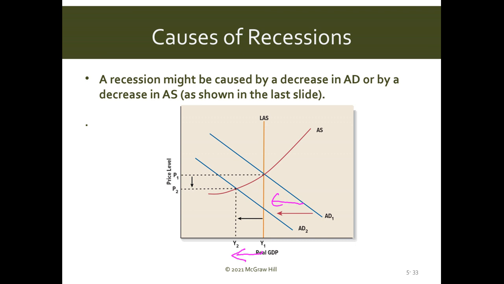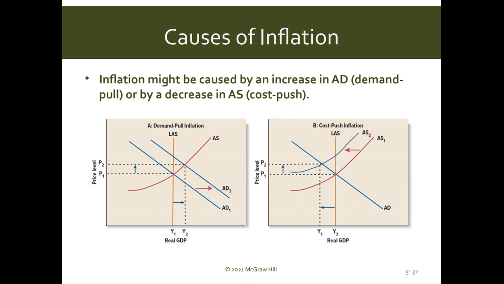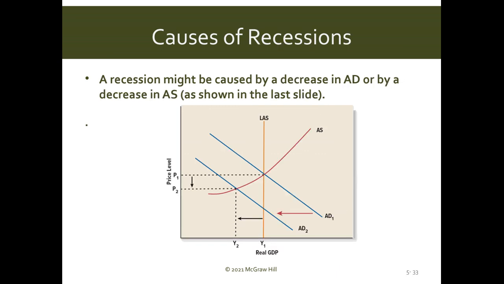See, real GDP is decreasing because of the shifting in the supply curve. So we have recession here if the supply curve shifts to the left, and we have recession if the demand curve shifts to the left as well.